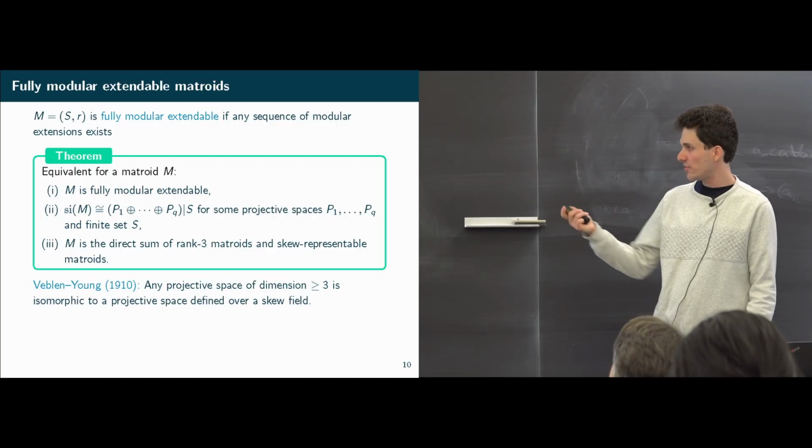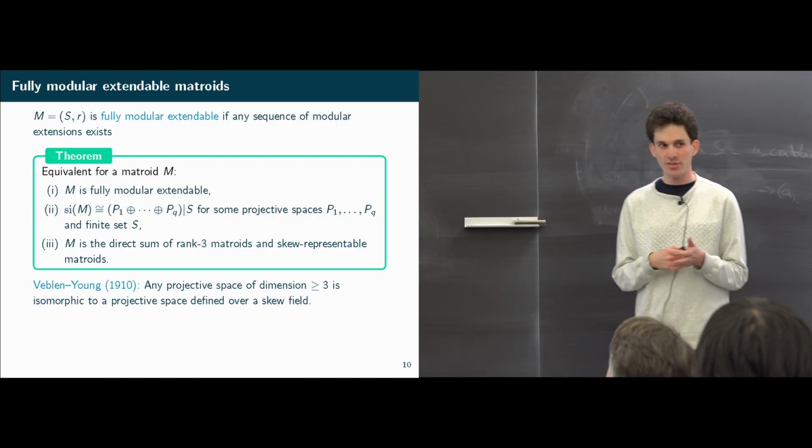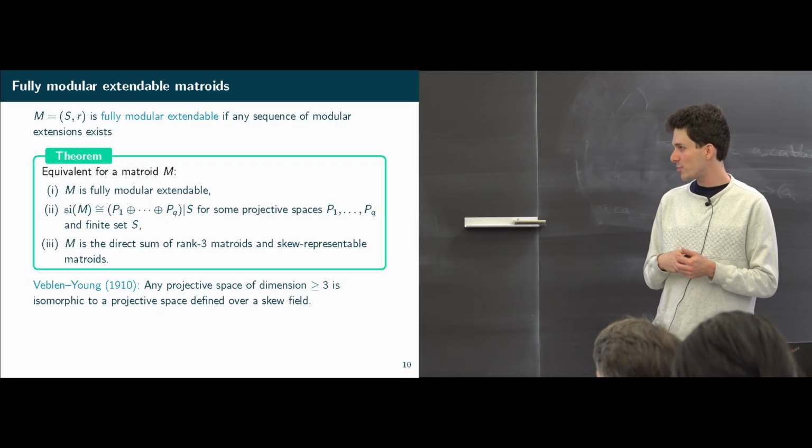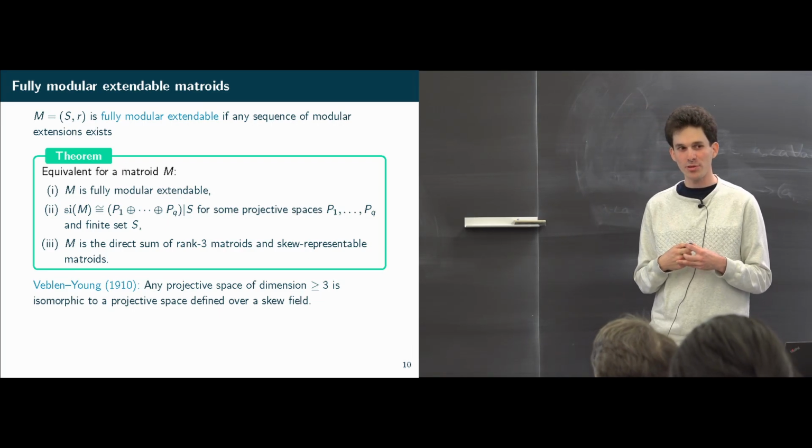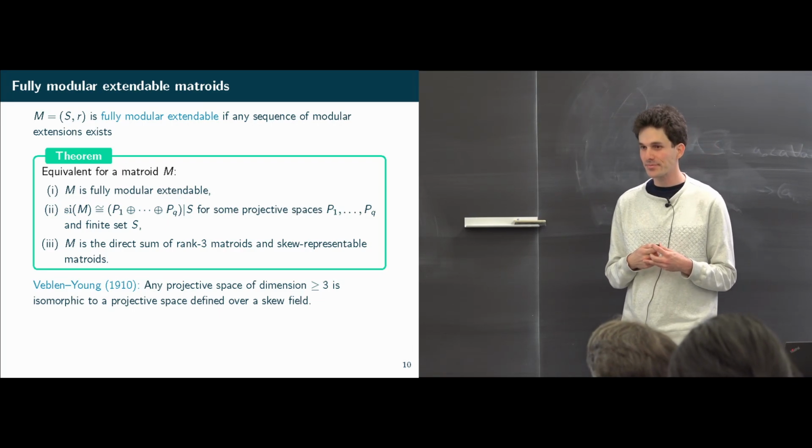And if we know this, then we can use some classical geometry result that any projective space of dimension at least 3 is representable over some skew field.